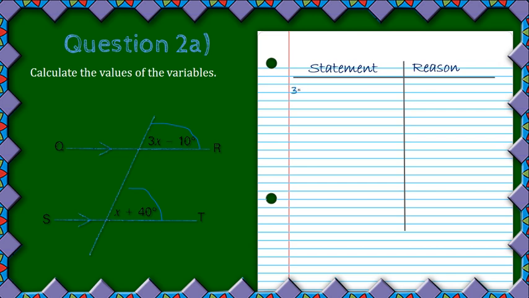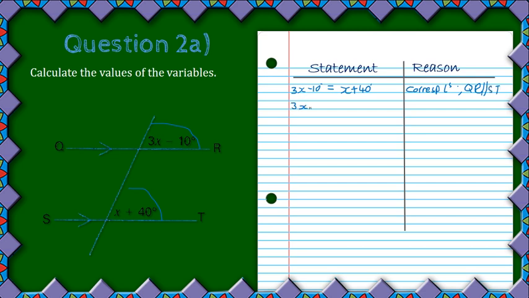And so I write it as 3x minus 10 is equal to x plus 40. So my reason is simply corresponding angles where QR is parallel to ST. Okay, then we solve for x.